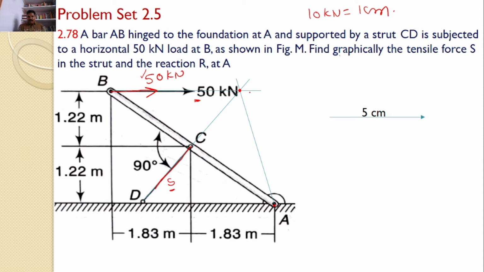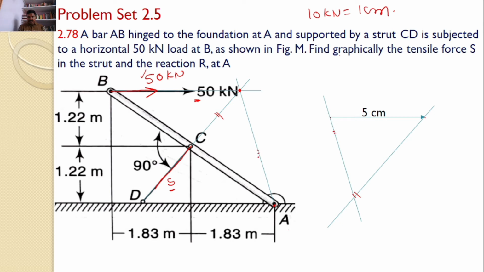Now I will draw a line parallel to the strut, which represents S, passing through either this point or this point. Any point you can consider. So I am drawing a line parallel to this passing through this point, and then I will draw a line parallel to the reaction direction passing through this other point.